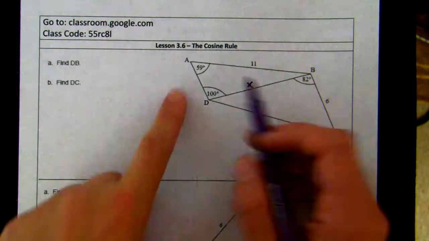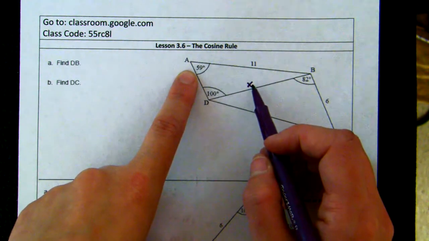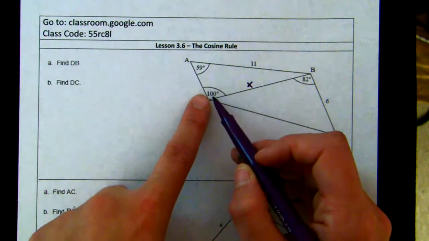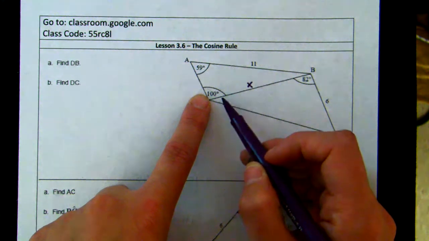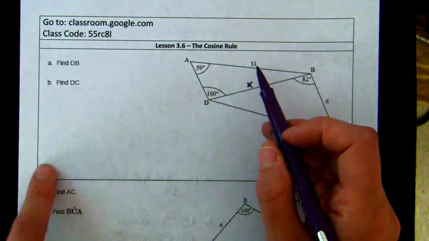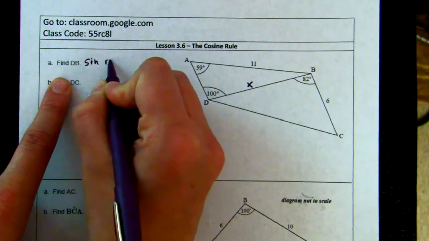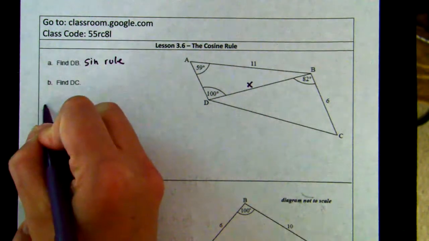Sine rule means I have to have an angle and its opposite side. Here I have an angle, but I don't know the value of this side. I don't know the value of this angle, but I do know the value of this angle and its opposite side. Because I know this angle and its opposite side, I can find the length of dB using my sine rule. So I'm going to do that one down here.